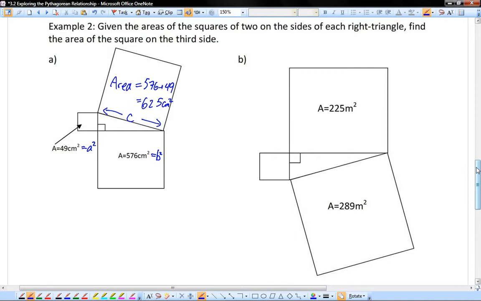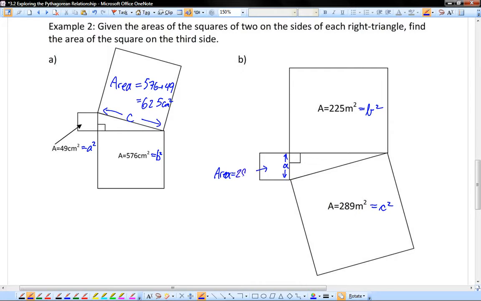Okay, in part B, this is c squared. It's the square on the hypotenuse. It doesn't really matter whether you call it a squared or b squared, but let's call it b squared. And so I need to figure out, I know that this is going to be A, and this area is going to be equal to, well, it's the area that when I take this area and I add it with 225, I should get 289, so I should be able to subtract to find that area.